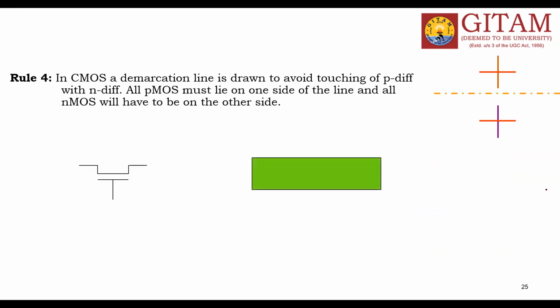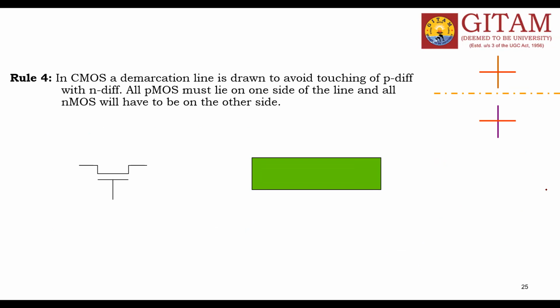The last rule: whenever you are going with CMOS technology, first you should make the demarcation line which separates the PMOS and NMOS devices. Generally, above the demarcation line we place all the PMOS transistors, and below it we place all the NMOS devices.